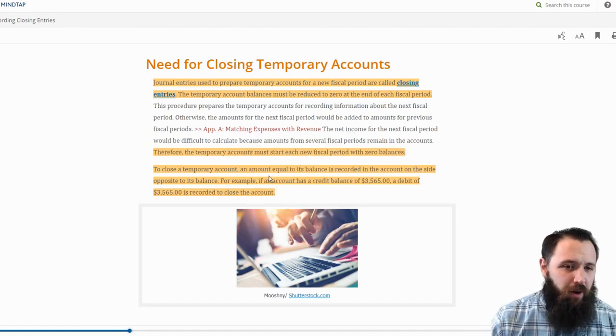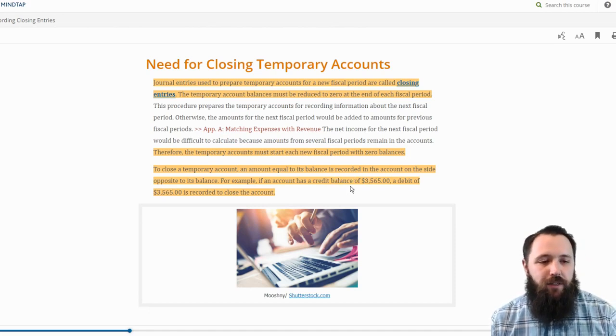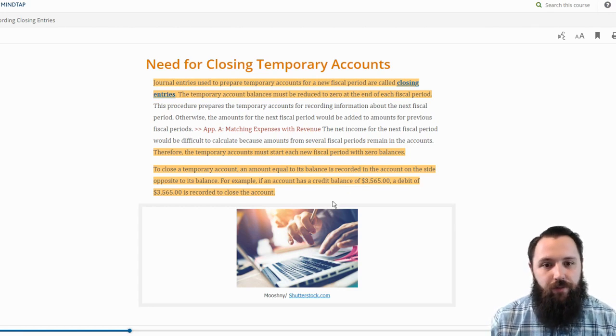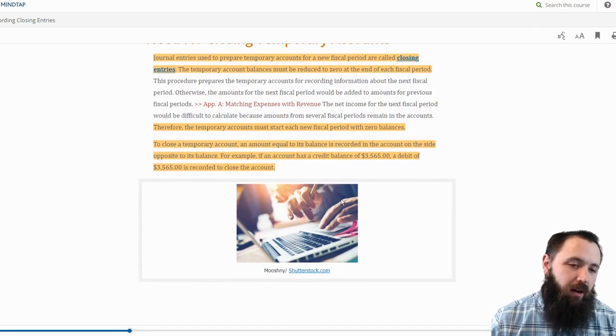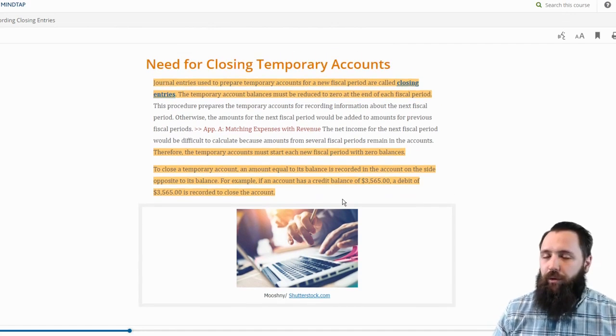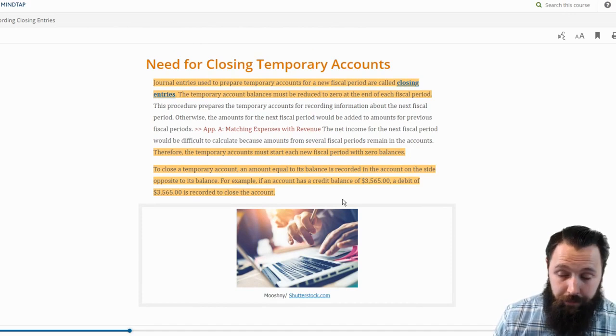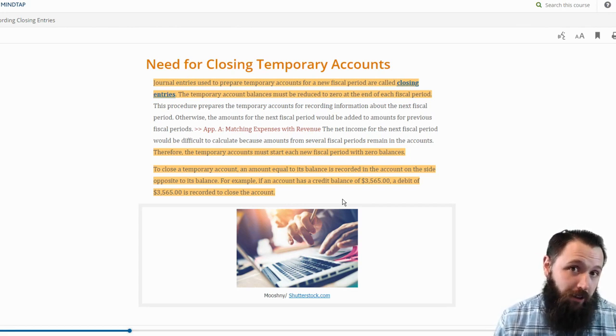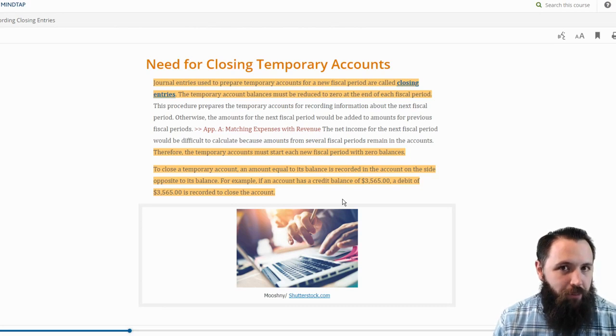To close a temporary account, an amount equal to its balance is recorded in the account on the side opposite to its balance. For example, if an account has a credit balance of $3,565, a debit of $3,565 is recorded to close the account. Okay, let's break it down for a second. If we have, let's say, revenue, which has a credit balance of $150, how do we bring that account down to 0?